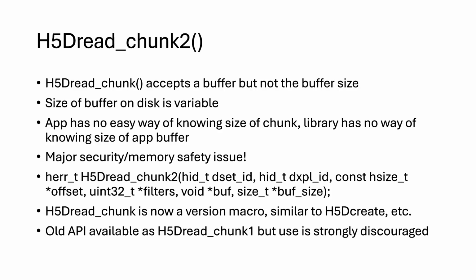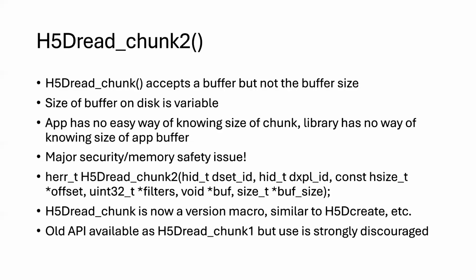As opposed to having to query the metadata twice on every single invocation, no matter what, to be safe. Neil, question. It's really confusing what you said about the purpose of buff size. If I have a filtered chunk on the disk, first of all, probably the library can provide an API that will give me the sizes.